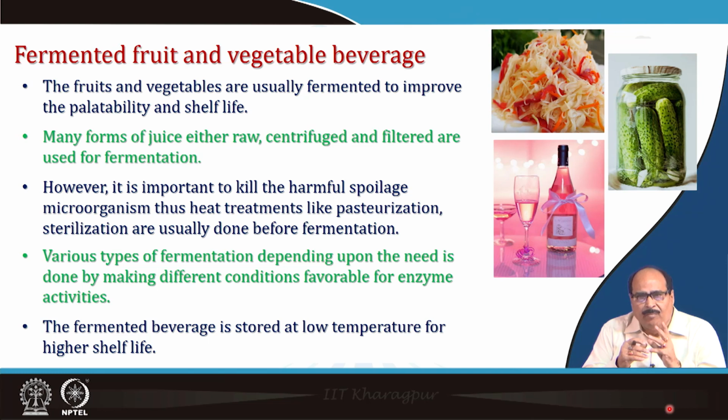However, in the preparation of fermented fruit and vegetable beverages, one thing is very important, which we discussed earlier also: there may be chances of contamination. These fruits or vegetables, by their nature, might be contaminated with various microorganisms, so they need to be properly taken care of.